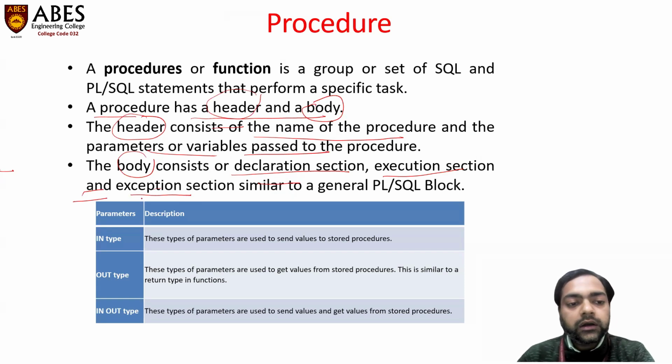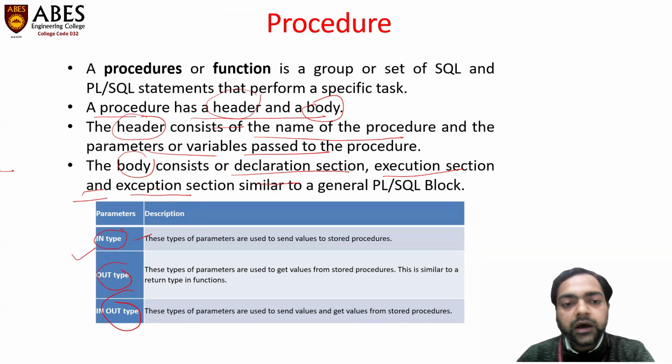Now, we have understood that we have two sections in a procedure: a header and a body. Now, there are some parameter types we use in PLSQL. First of all, we have IN type, then OUT type, and last IN OUT type. What does it mean?